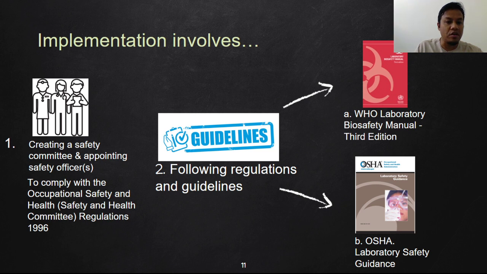The committee will consist of representatives from the administration and also the other departments in the hospital, and the safety officers need to be appointed from the lab, at least one or two personnel for each lab. This is to comply with the Occupational Safety and Health Regulations 1996.